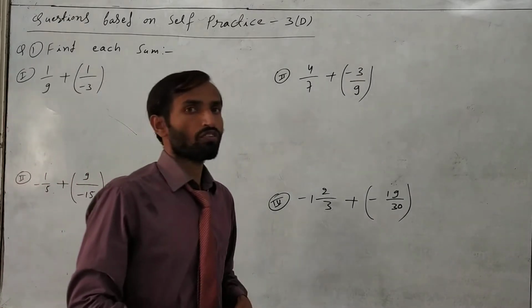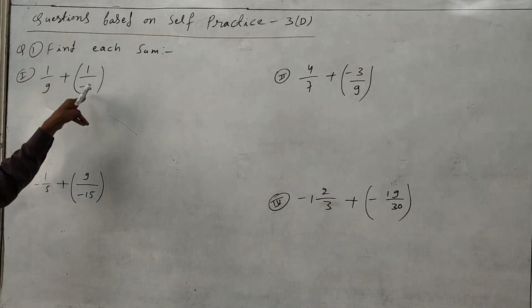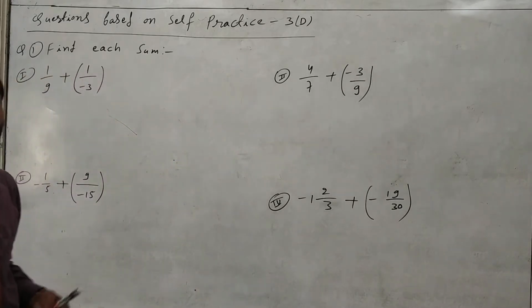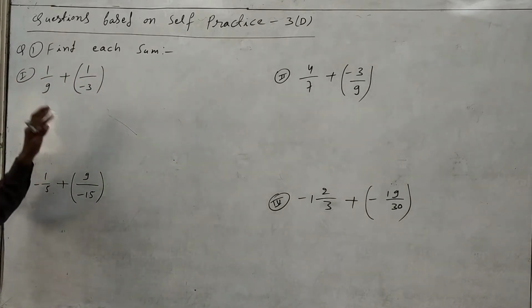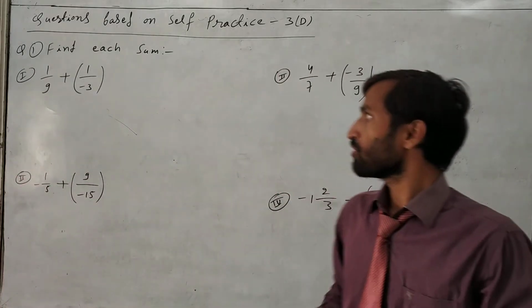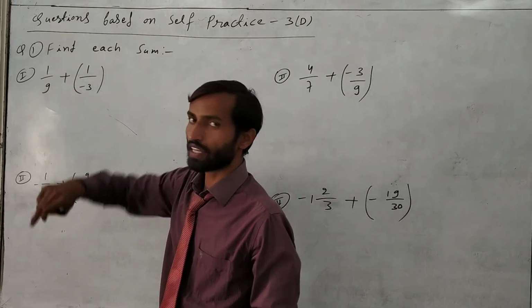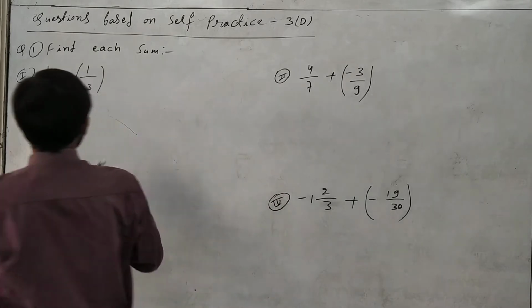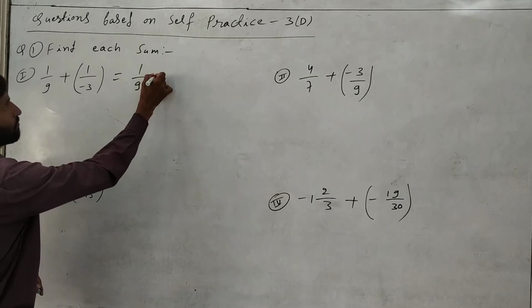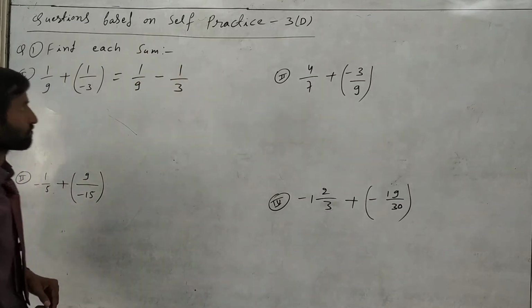Okay. For the first question, just see here: plus 1 upon minus 3, so the denominator is minus 3. What will we do in this case? First of all, we have to remove the small bracket, so that this minus will go here, then plus and minus will give minus.